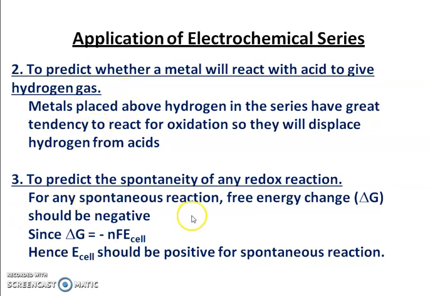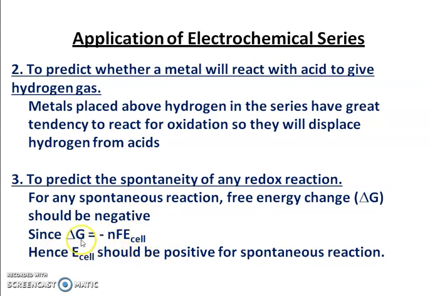The third application is that we can predict whether any redox reaction will be spontaneous or not. Thermodynamics tells us that for any spontaneous reaction, the free energy change, that is delta G, will be negative. And this equation correlates thermodynamics with electrochemistry: delta G is equal to minus nFE cell.